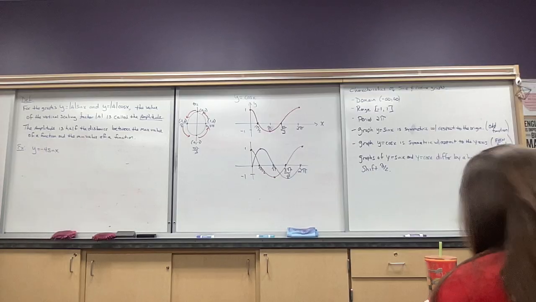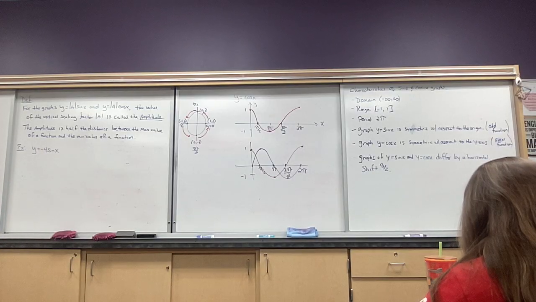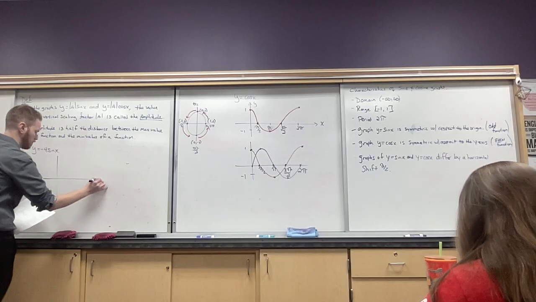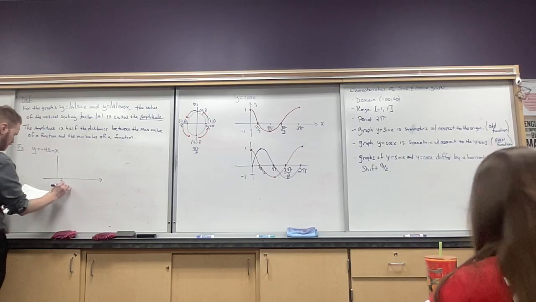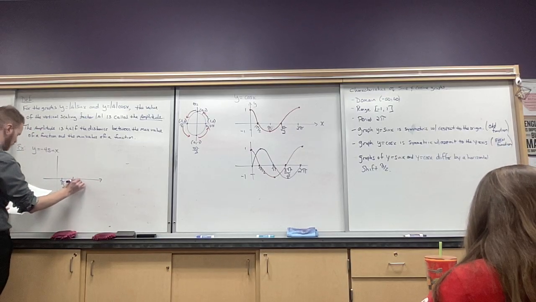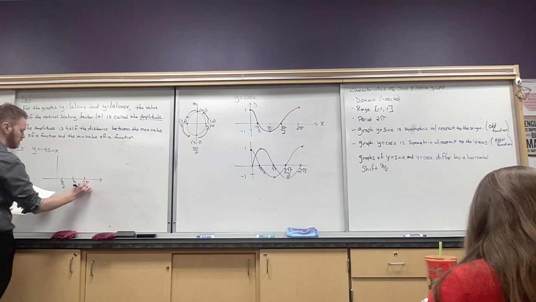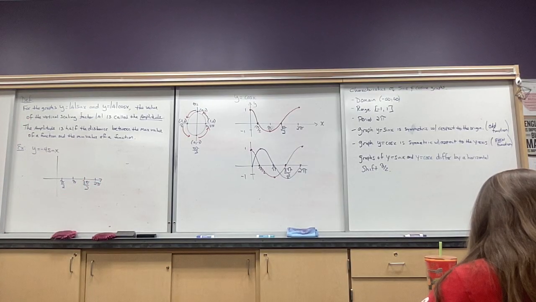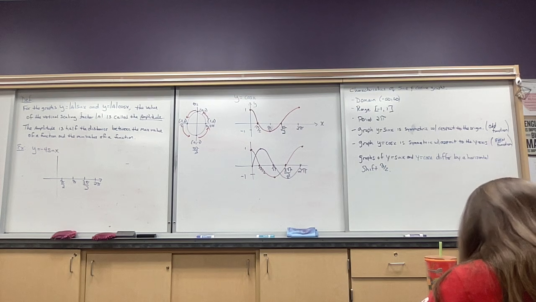Let's say you had to graph -4 sine of x. So let's go ahead and put our values in: pi over 2, pi, 3 pi over 2, and 2 pi. Right now that's not going to change. We're going to still use those 4 values.